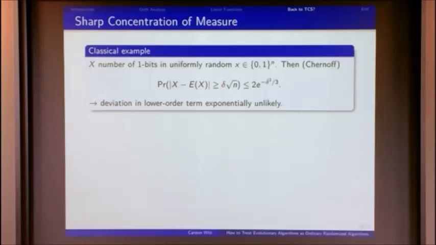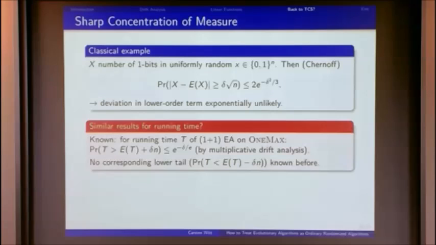Can we do something? Can we obtain something like this for our randomized search heuristics, evolutionary algorithms? And in fact, there is one such result that was already from the multiplicative drift analysis paper that shows that we also have a so-called upper tail bound for the 1 plus 1 EA. The probability that the 1 plus 1 EA on OneMax needs more than the expected value, significantly more, and this significantly more is an additive term of delta n, is exponentially small with respect to delta.